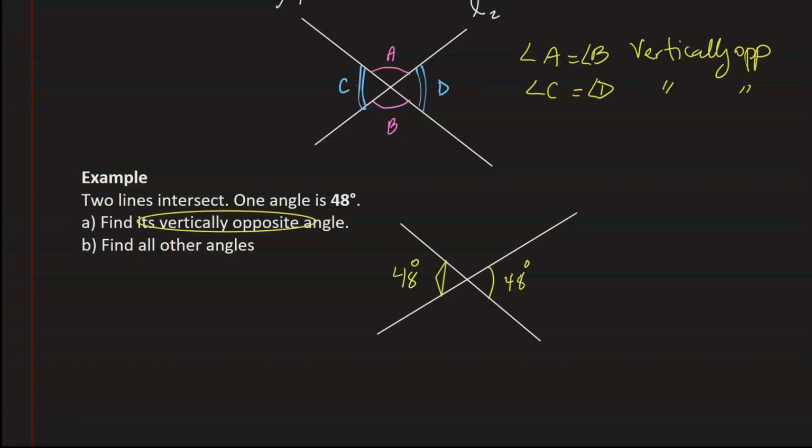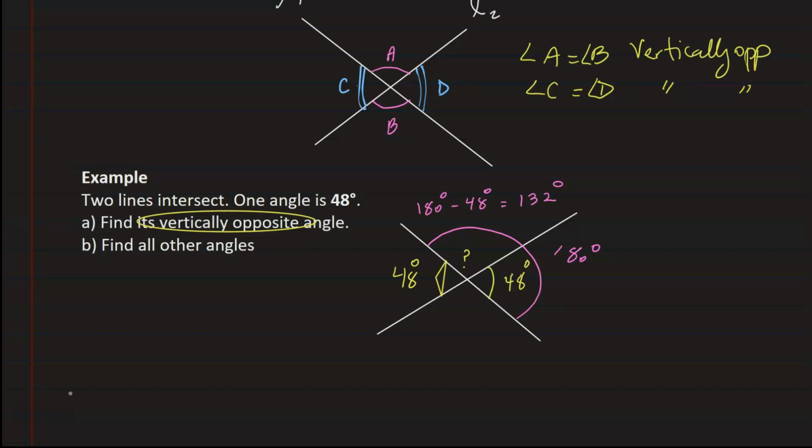Now, what is this angle? We know because the total angle on a line is 180 degrees. You have to look at it sideways. So that is 180 minus 48 degrees, and that is 132 degrees. As simple as that.